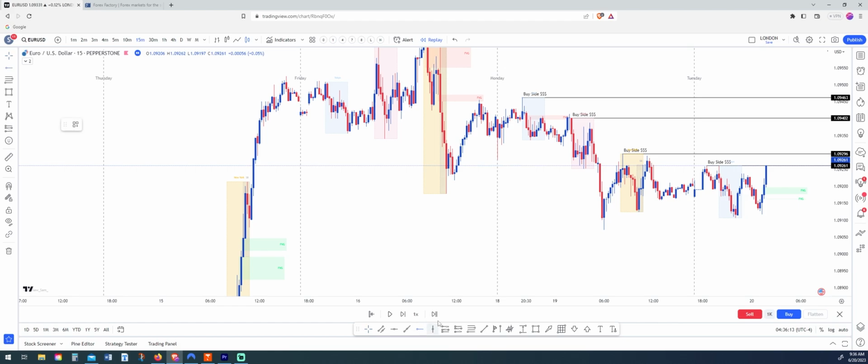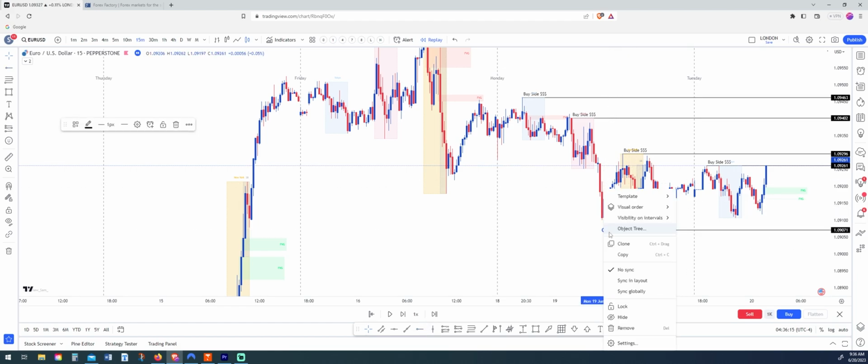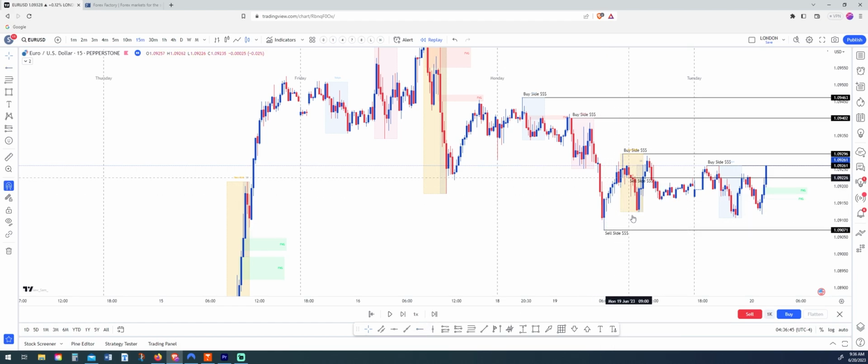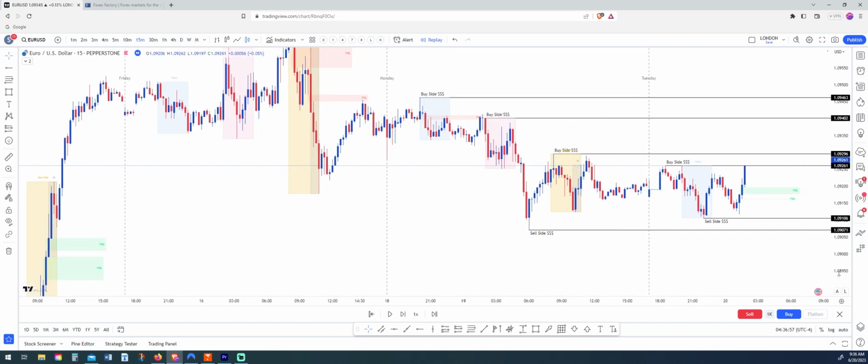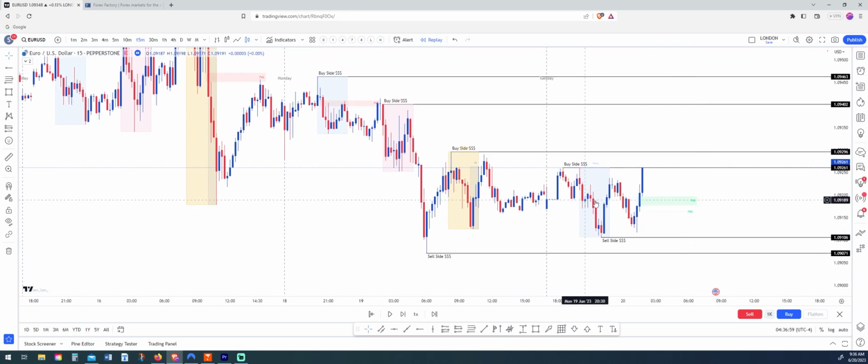As far as sell side, previous day's low. We've already taken the low from New York session yesterday. So we have a new low from the Asia range today. There's quite a few levels on our charts just to look for potential areas of displacement or failures to displace, just to give us a bias for which way we want to be trading.